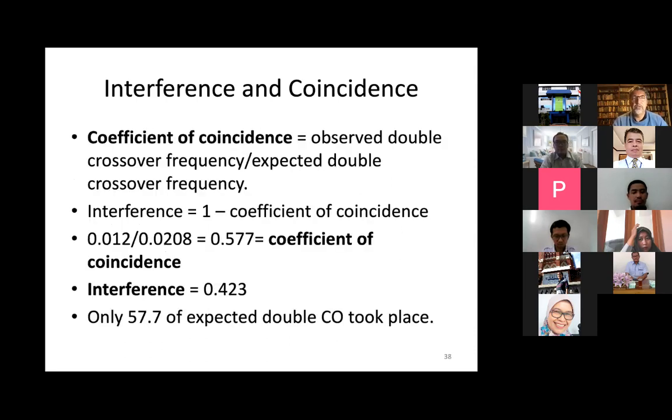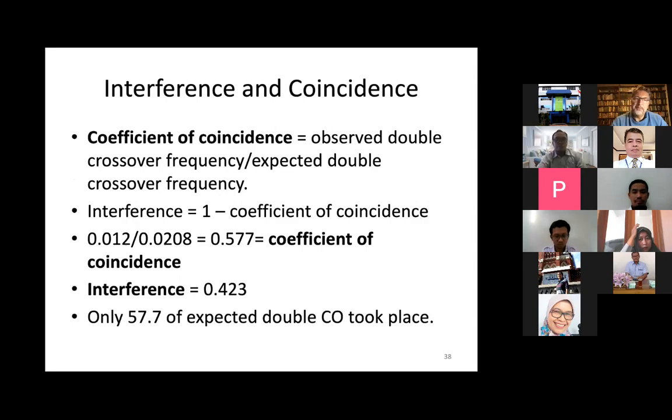Okay? So we can call it the coefficient of coincidence. The coefficient of coincidence is the observed double crossover frequency over the expected double crossover frequency. And interference is 1 minus that.